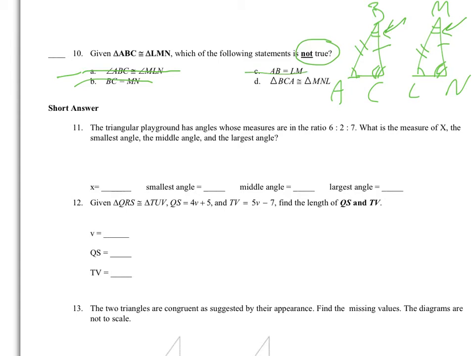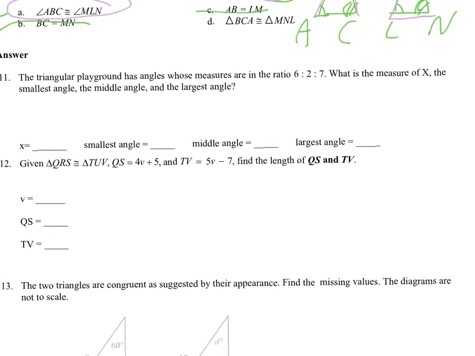I think I incorrectly marked one of these, or talked about A. ABC would be this angle right here, and I read that incorrectly. MLN would be this angle right here. We have ABC and MLN. Are those two congruent? They are not congruent, so our answer in this case would be A. Sorry about that.